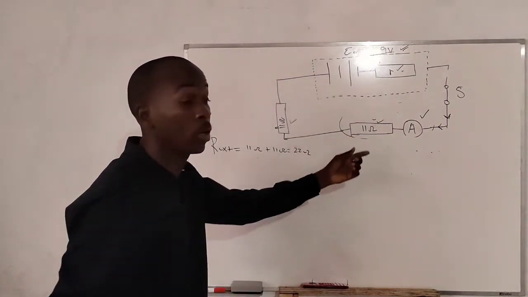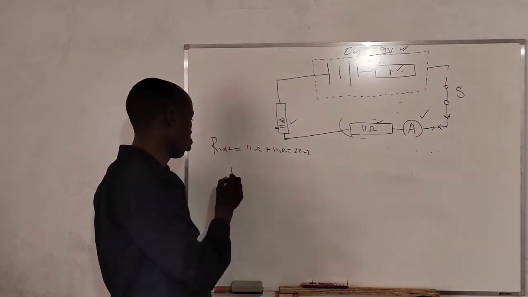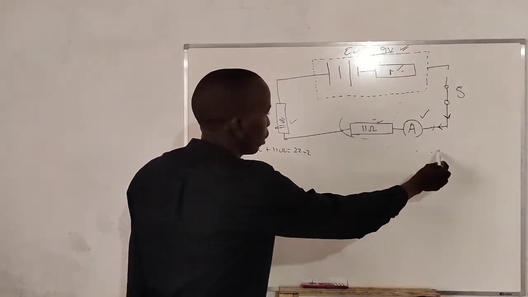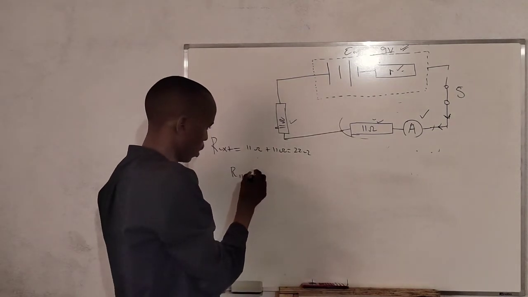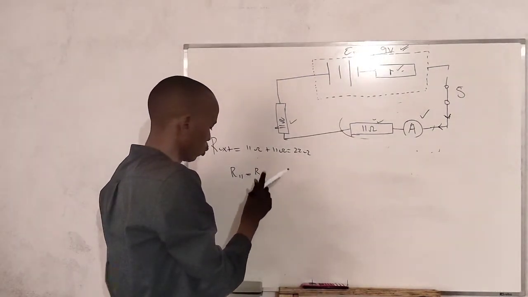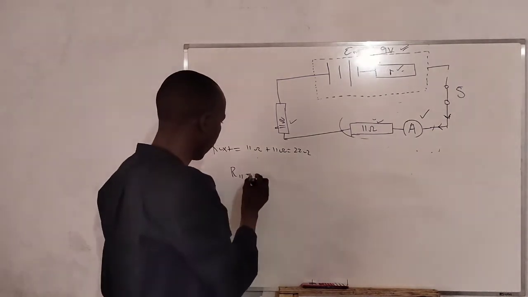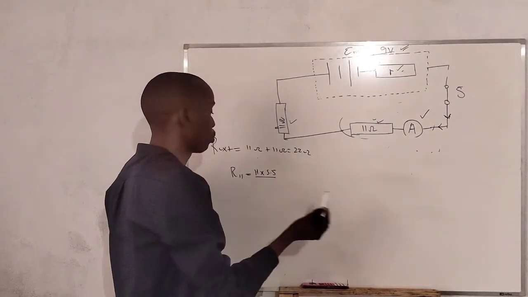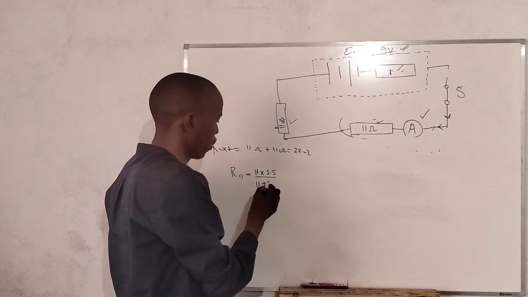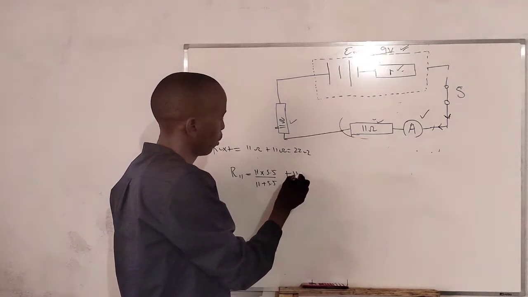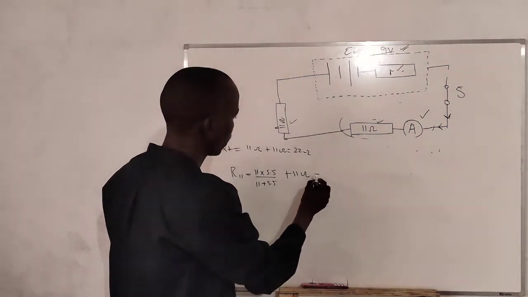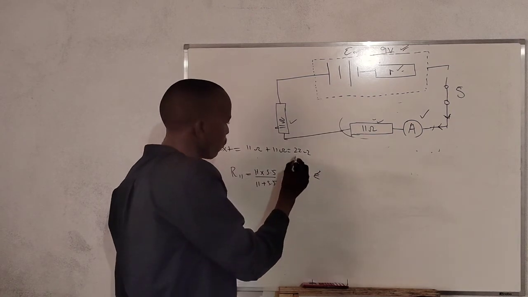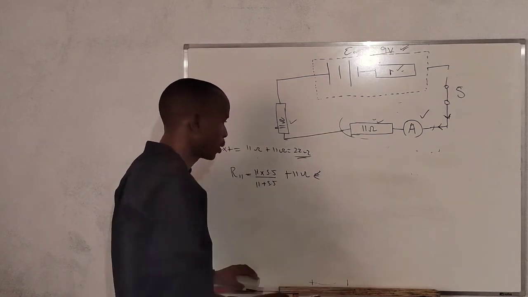When I still had the parallel connection with the other resistor, the formula was R equals 11 times 5.5 over 11 plus 5.5. So the answer there is smaller, which means we have now increased the resistance.